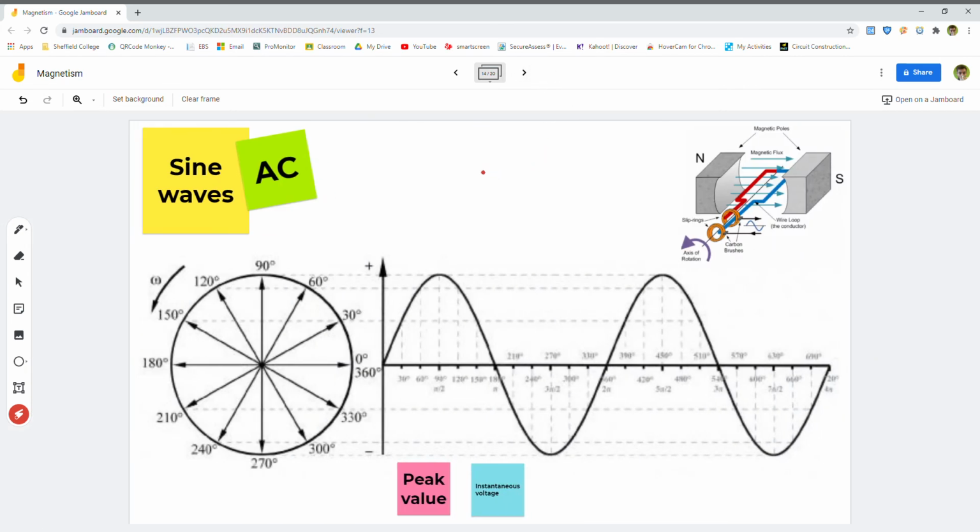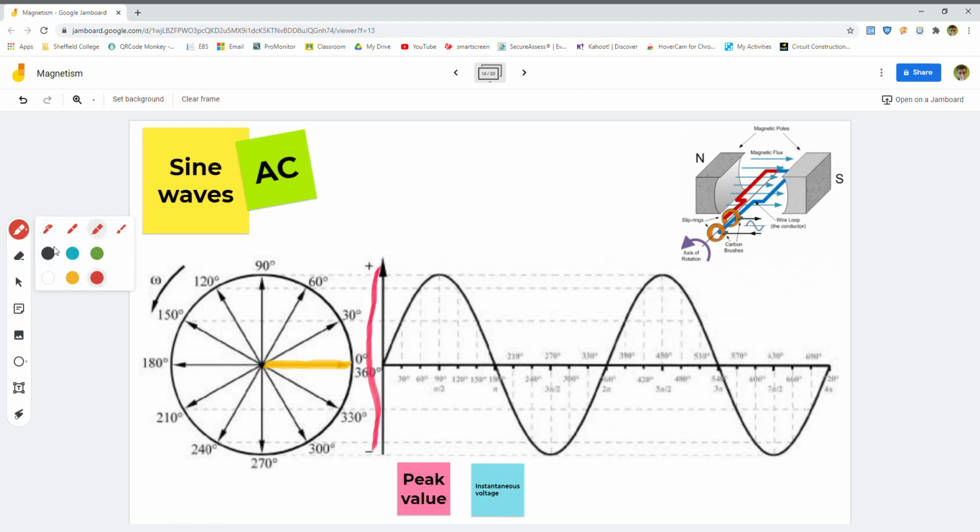Next, we are just going to move on to our sine wave. A sine wave is a visual representation of electricity generated at a generator. To explain it, let's imagine that we have our conductor here, within a magnetic field.